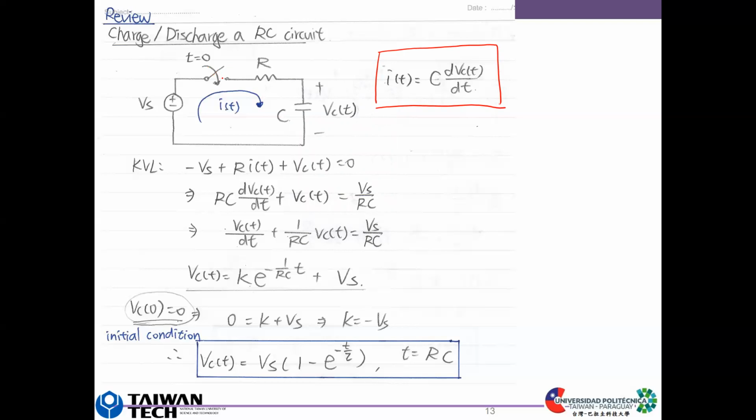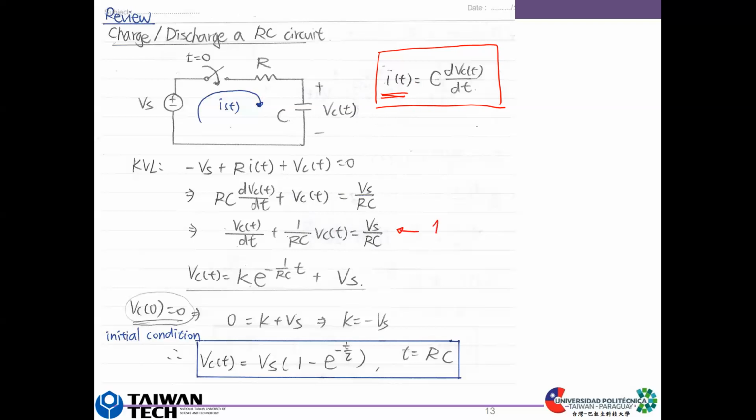So from KVL, starting from the bottom left, minus V_S plus R i(t) plus V_C(t) equals 0. And we replace i(t) with C dV_C/dt. And then you receive a first order ODE.